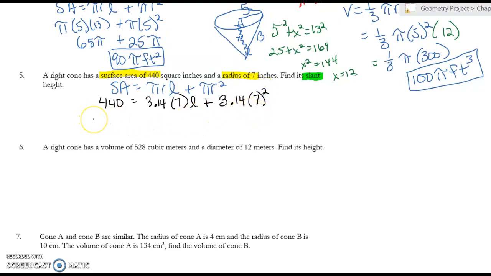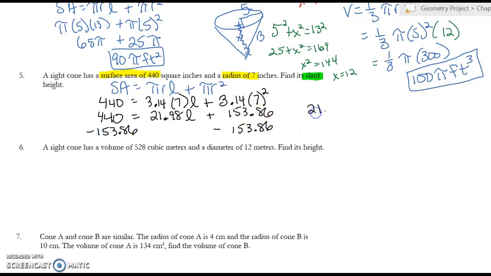And now I'm going to do some math. 3.14 times 7, and then 3.14 times 7 squared. And so I get 21.98 times L plus 153.86.